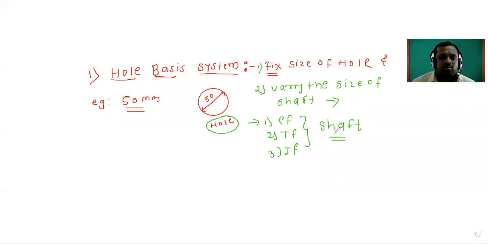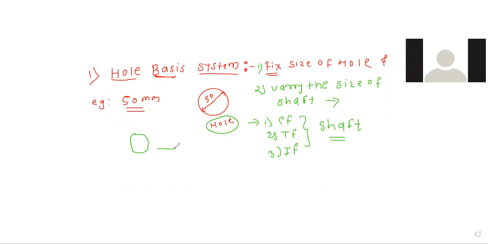Understood? In that hole basis system, we have to fix the size of hole only. We drill the hole at a fixed size. After that, do we have to vary the hole? No. To achieve these different fits, which do we have to vary, shaft or hole? Shaft.